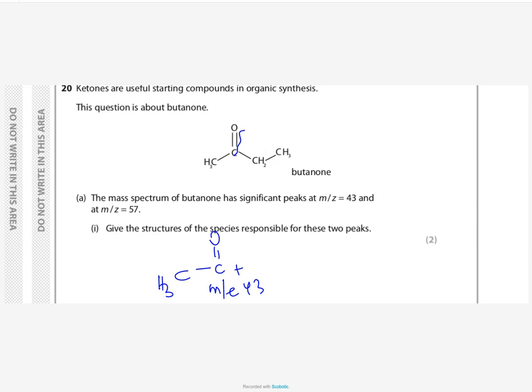So you can break this corner CH3 group or the other corner CH3, both correct. Any CH3 group you can break. This is mass charge 57. 36 plus 16 plus 5, 57. It doesn't matter. Both correct.